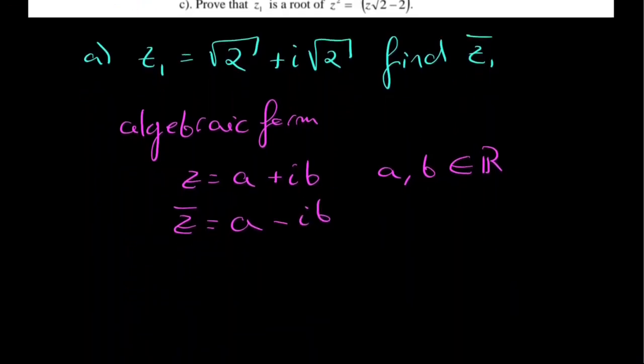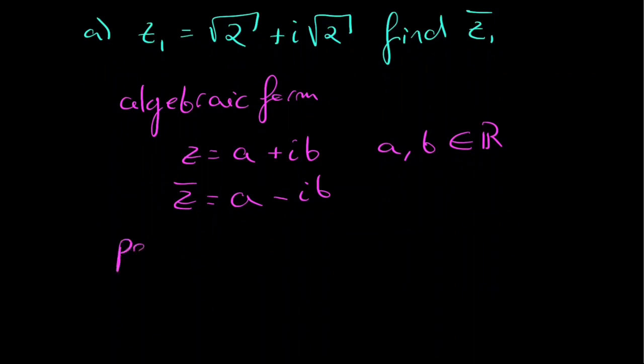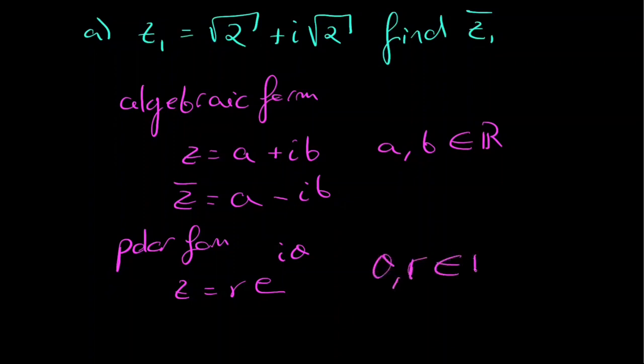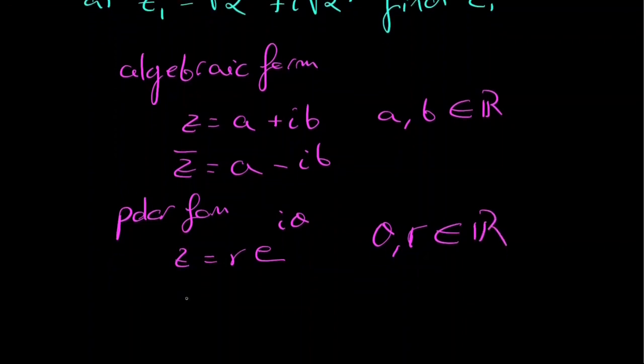If it's written in polar form, z is equal to r times e to the i theta power, with theta and r integers. Its conjugate will be z conjugate is equal to r exponential of minus i theta.